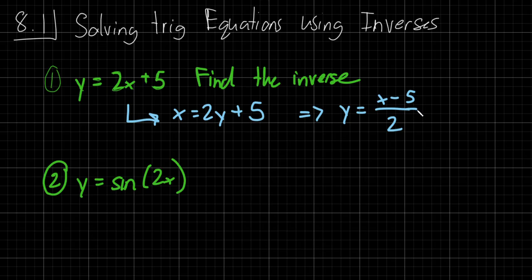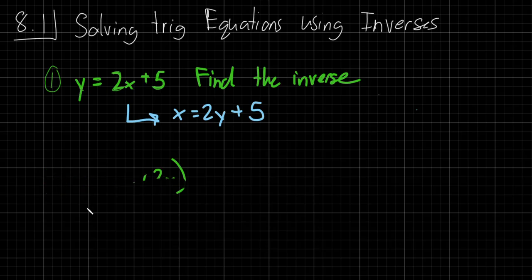This should just be refresher. Do I need to slow it down and show each step? Yes. Okay, flip the X and Y. I want to solve for Y. How do I get Y all by itself? I have to move over minus 5.